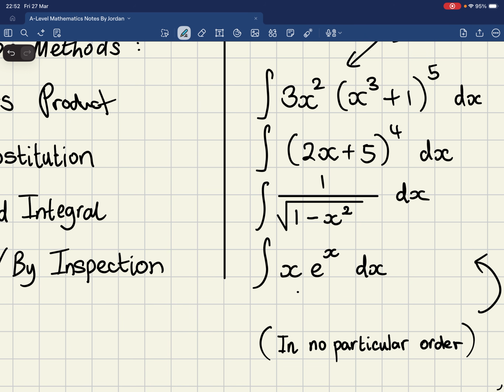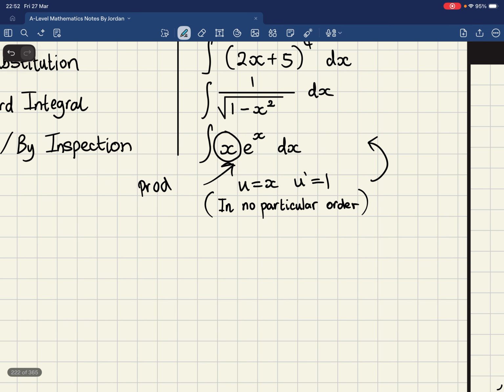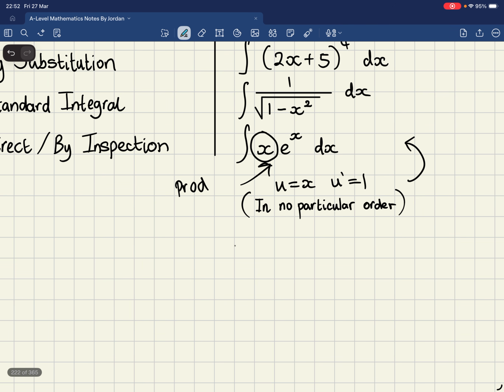So that must mean the bottom one is the product rule. And another giveaway for this being the product rule is the fact that you see an x here. If you were to set u equal to x, then when you take its derivative, it goes to 1. So why does that simplify the integral? Because the product rule allows you to get uv straight away here, but then you have to integrate v u dash.